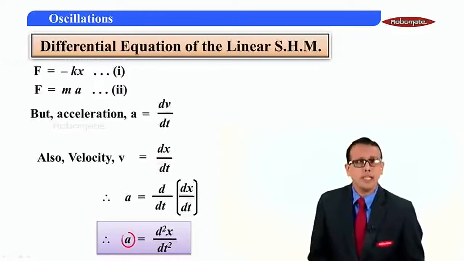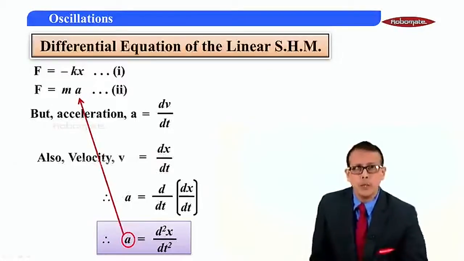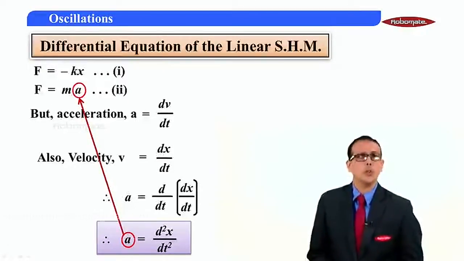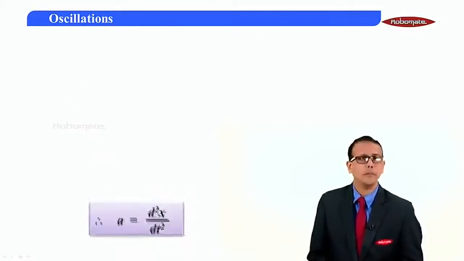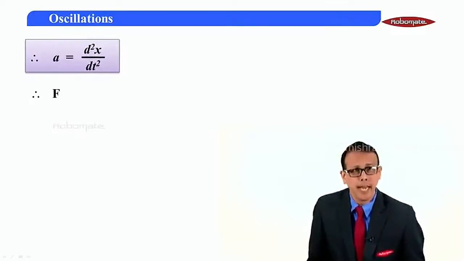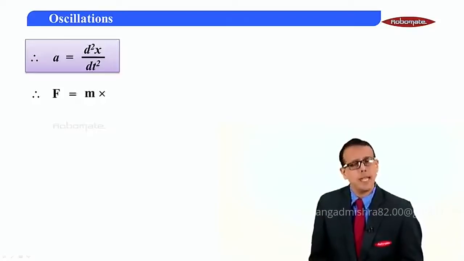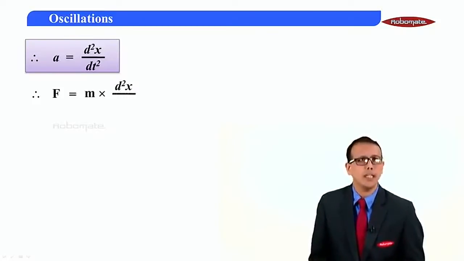Now let us substitute the value of a in equation number 2. So the formula of force can now be written as F is equal to, which was earlier mass into acceleration ma, m into the value of a as d square x upon dt square.